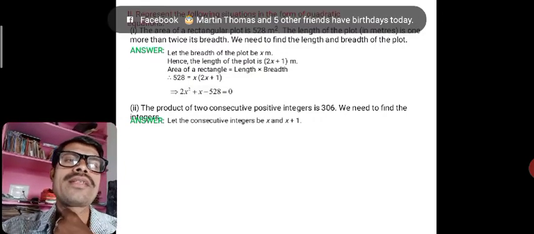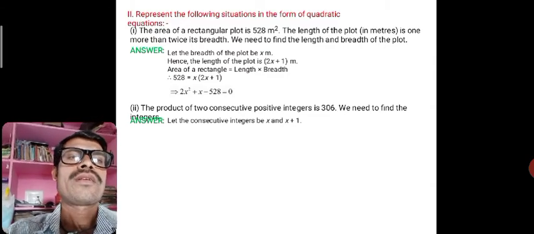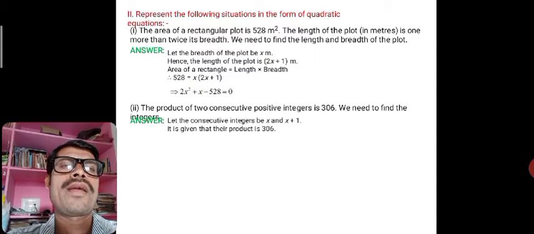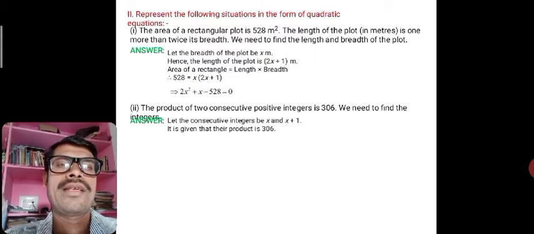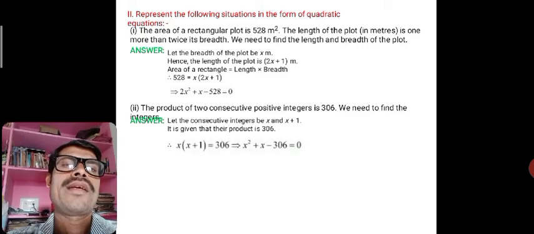The consecutive integers may be x and x + 1. x into x + 1 we can write. It is given that their product is 306. Therefore, according to the statement, x(x + 1) = 306.